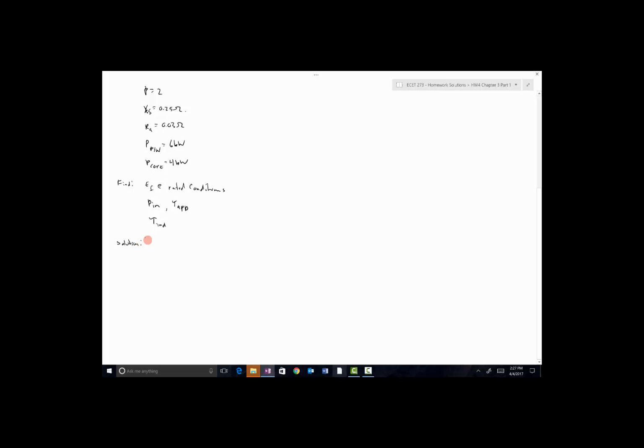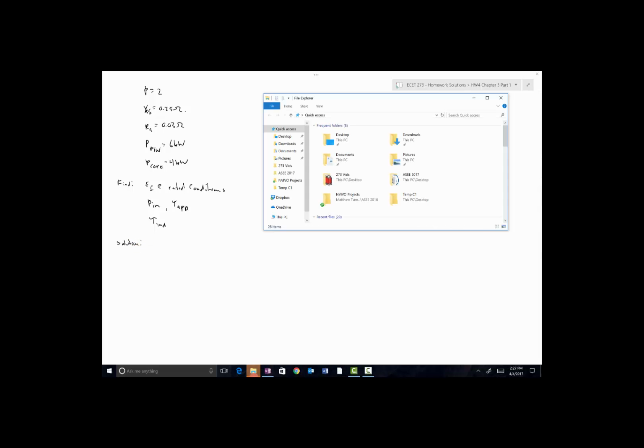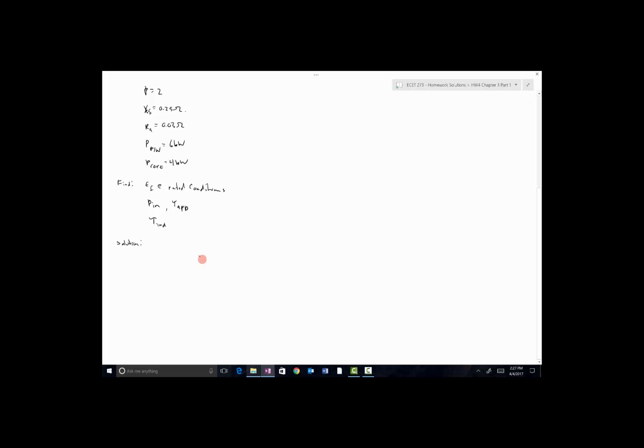So hopefully Part A is old hat at this point. We've got a generator model that looks like this. And so if we want to solve for EF, we need to know what the load current is right there.